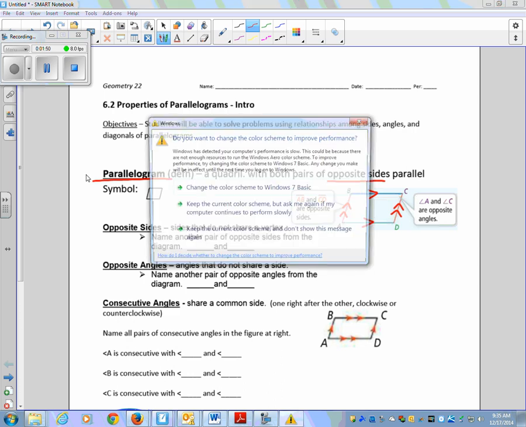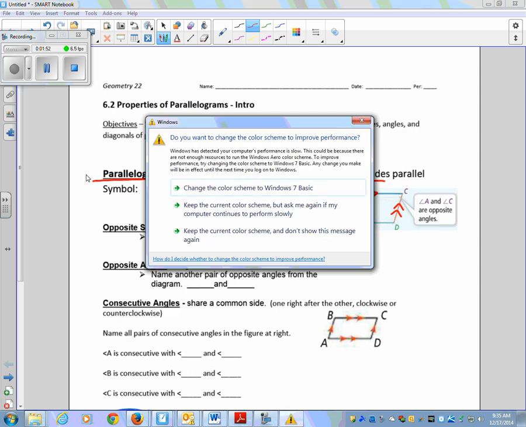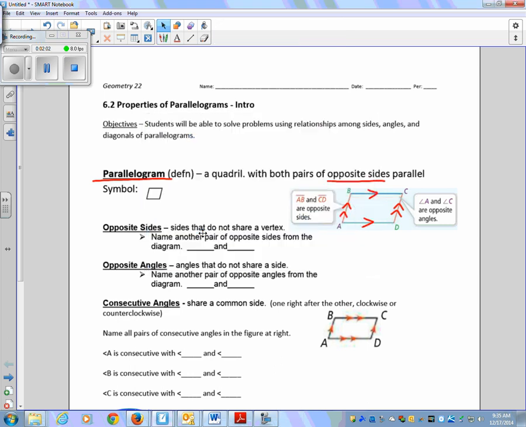What's the other pair of opposite sides? BC and AD. So these two are also opposite sides.